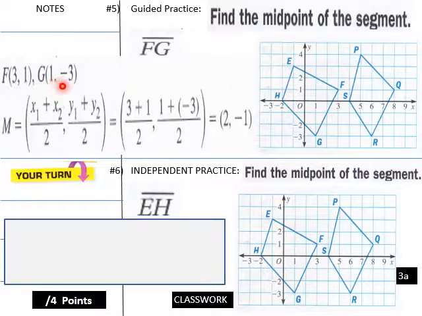And then 1 plus a negative 3 would be negative 2 over 2, which is negative 1. So the midpoint of FG is when x equals 2, y equals negative 1. So it would be right here. This would be your midpoint of FG. Down here, students, that's you.